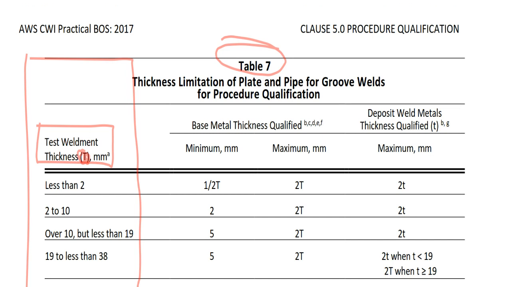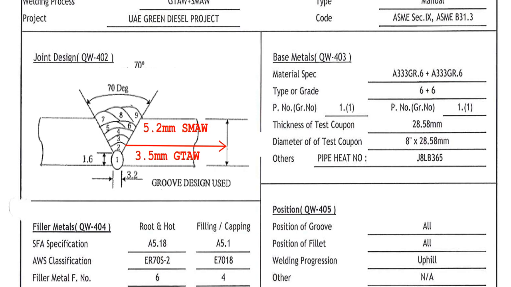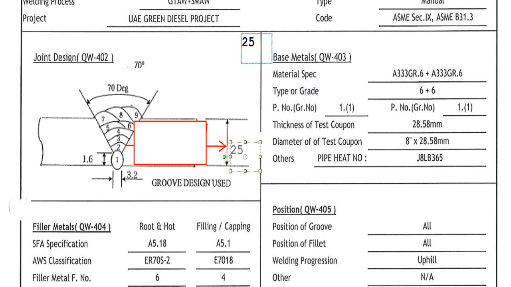Let's say, forget about this thickness here, and the thickness of the base metal is 25 millimeter.